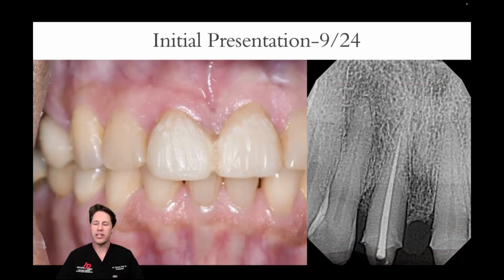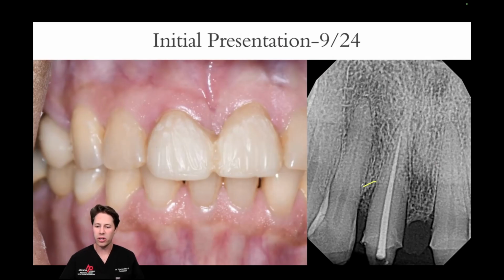So let's look at the initial presentation of this case. Notice we have splinted anterior provisional restorations, but we have localized gingival inflammation on the distal buccal aspect of tooth number 8. In the periapical radiograph adjacent to the photo, you can see the periodontal defect.